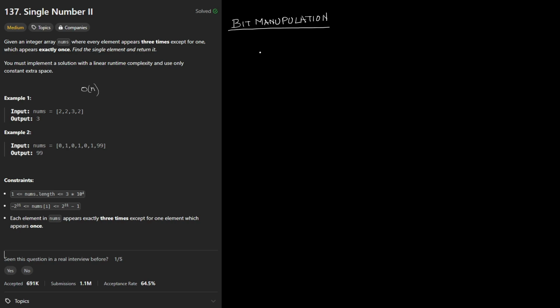So here, I am going to convert all the numbers to 32-bit representations. Say 2 would be 0 0 and so on up to 32 bits, and at the end it would be 1 0. Similarly, the other 2s would again be 1 0. 3 would be 0 0, all the values, then 1 and 1.